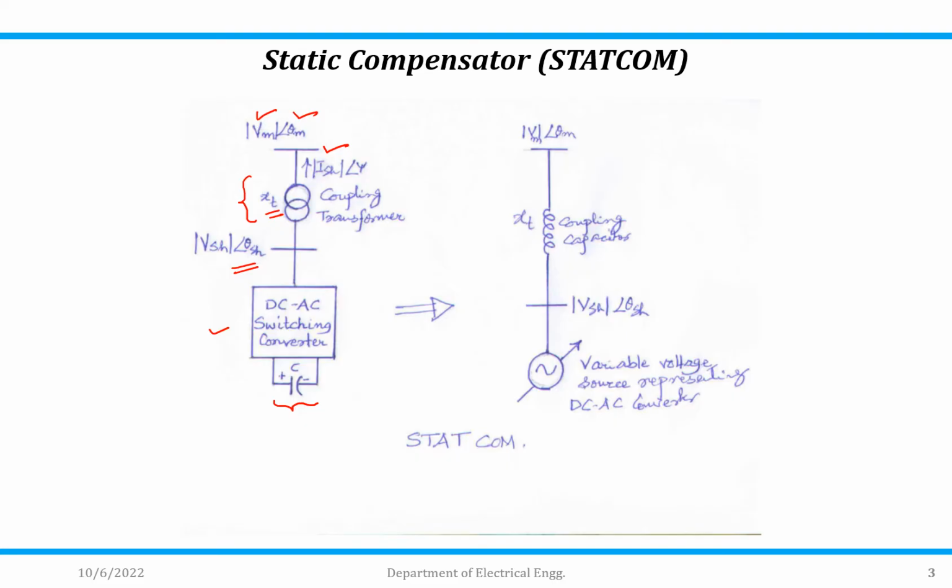So we can represent this diagram as, instead of having Xt as a coupling transformer, I will show this as an inductor here. We can say it is a coupling transformer. Xt is the reactance. Then Vsh is the voltage near to the converter, and this will be the DC to AC switching converter with the capacitor. It will act as a variable voltage source representing the DC AC converter.